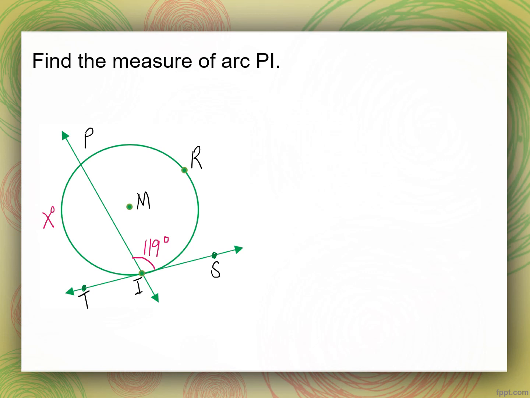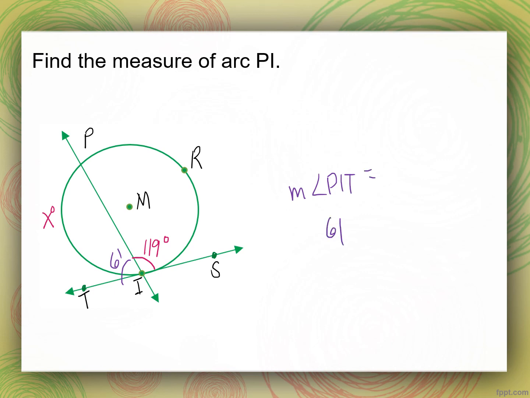Since angle PIS forms a linear pair with angle PIT, we can just subtract 119 from 180. If we do that, we can find the measure of angle PIT, which is 61.